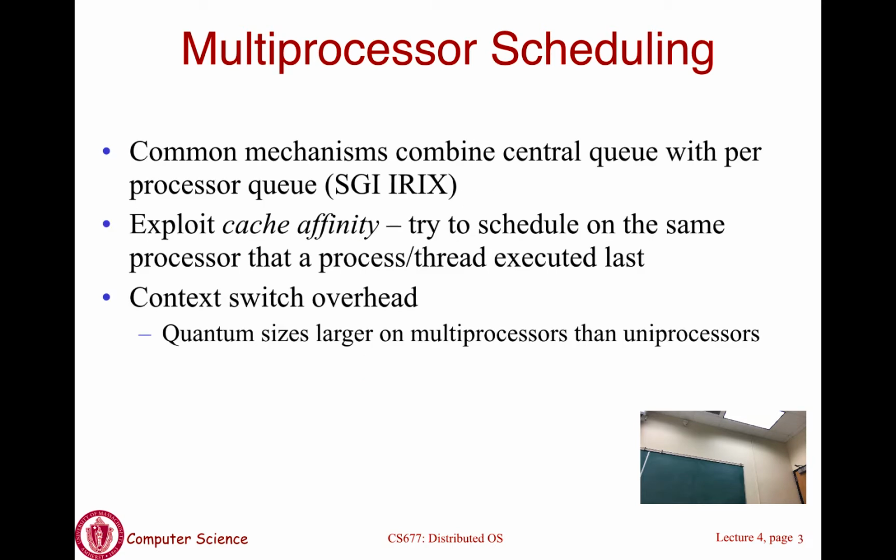So I did mention cache affinity, which is you want to try to schedule that task on the same processor that it was scheduled last. Okay, and so that's one thing. And the second is, even though you might do this, every time you run again, you might not have all of your data and instructions in the cache because there may be many processes in your system.